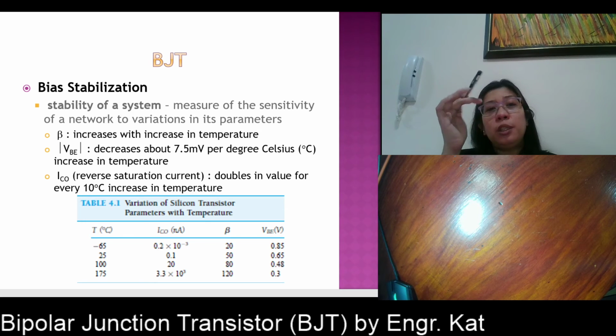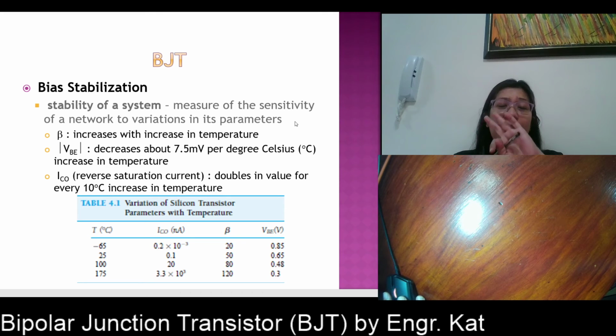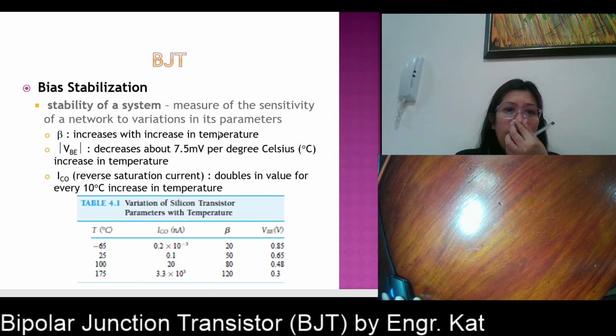Okay? So, the stability of a system is a measure of the sensitivity of a network to variations in its parameters. There are three parameters that affect the stability of your system. So you have beta, wherein your beta is not a fixed value because it says here your beta tends to increase with an increase in temperature.